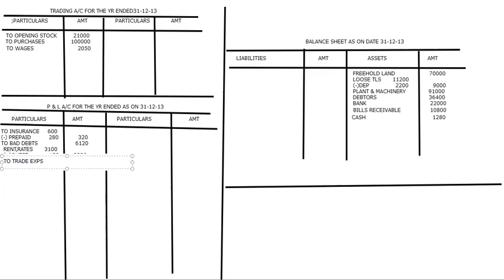So trade expenses he gave is, oh sorry, 2050 is trade expenses, whereas wages is 21,000. Wages is 21,400. Then after that trade expenses, he gave salaries.